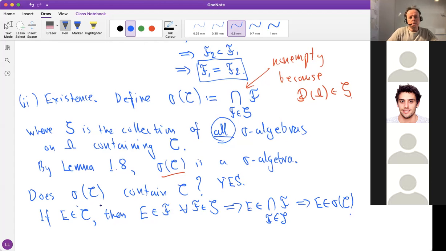Every member of this collection C is also contained in this collection.